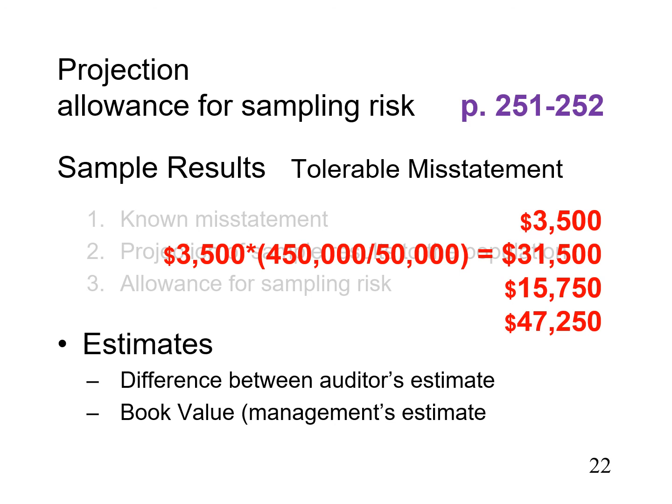Okay, so when I add my projected error to the allowance, I get 47,000, which exceeds performance materiality.